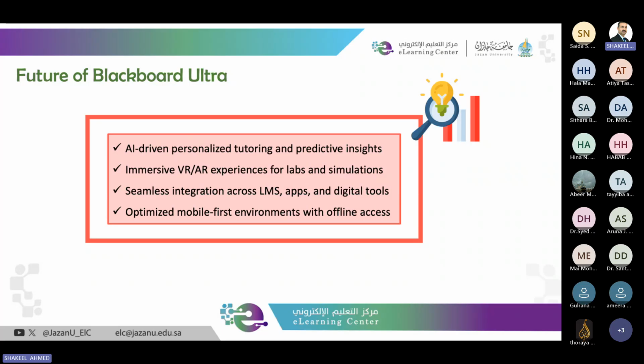Blackboard Ultra is moving toward better integration with other apps and digital tools, so everything works together smoothly. At the same time, the platform continues to improve mobile access, making learning easier anytime, anywhere, even with limited internet. Overall, the future of Blackboard Ultra is about flexibility, support, and a better learning experience for everyone.